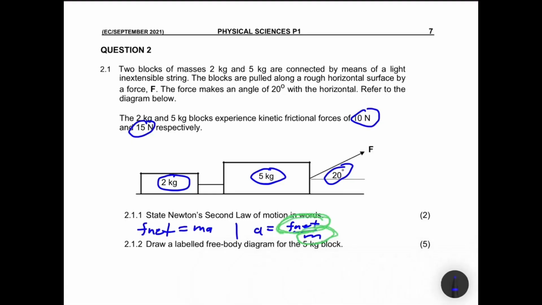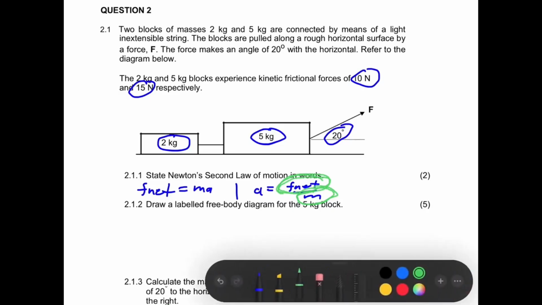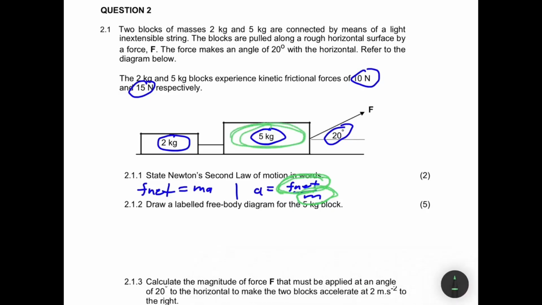And then 2.1.2 says, let's draw a labeled free body diagram for the 5 kg block. So here's our 5 kg block here, right? In a free body diagram, we denote the body with a dot, right? So there we have our dot. We are told that there's a force applied at an angle of 20 degrees relative to the horizontal.